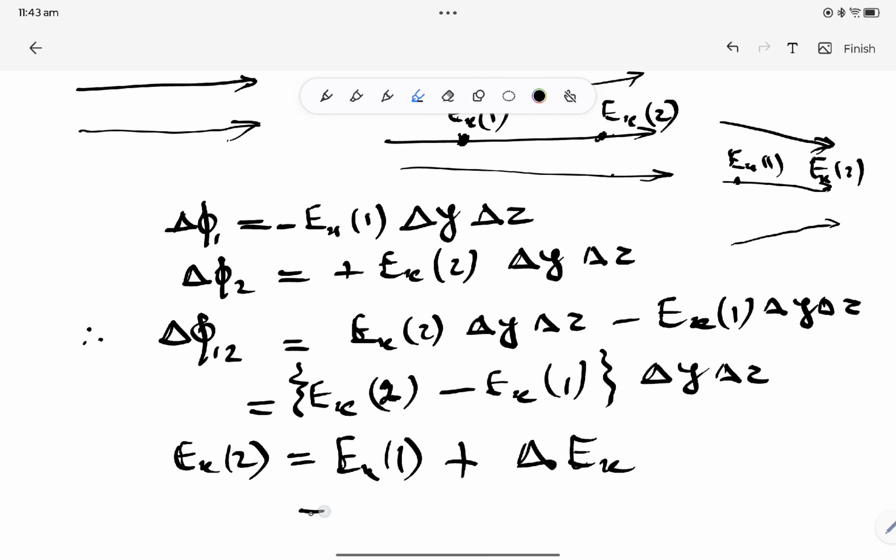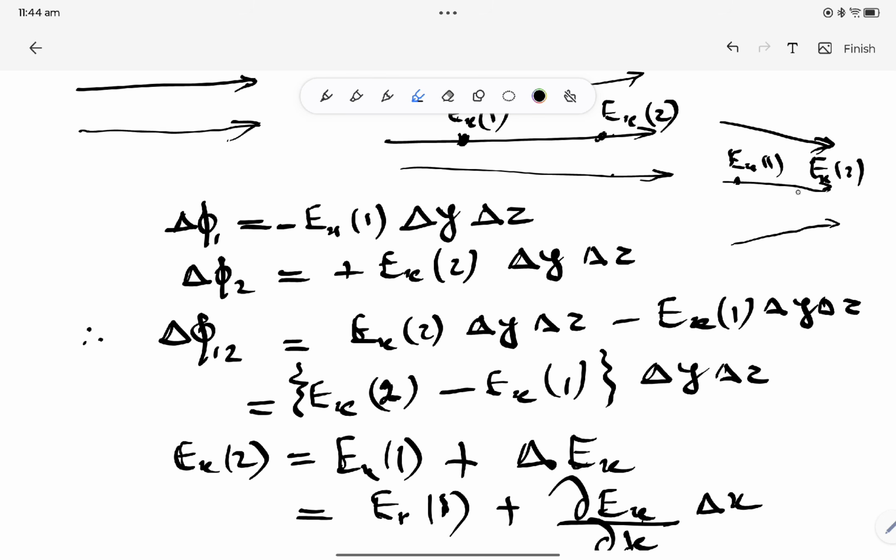So we can write Ex1 plus del Ex by del X. This is the rate of change of electric field with respect to X. Rate of change means how much the electric field changes per unit change in X. If you now want to calculate the total change in electric field, then multiply it by the change in X from this point to this point.